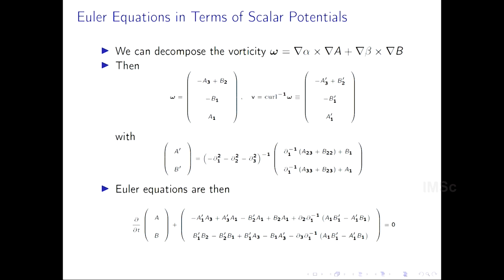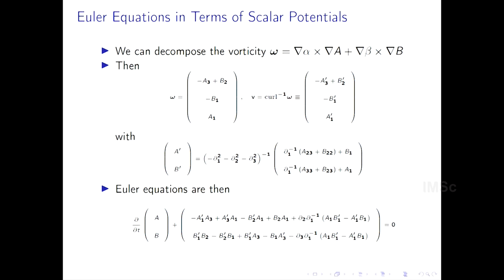So we can take the vorticity, we can decompose the vorticity into a part that is within the subalgebra A and within the subalgebra B. And if you write it out explicitly in terms of coordinates, it looks like that. The second and third components involve only differentiations along the first coordinate, and then this has to do with the remaining differentiations.